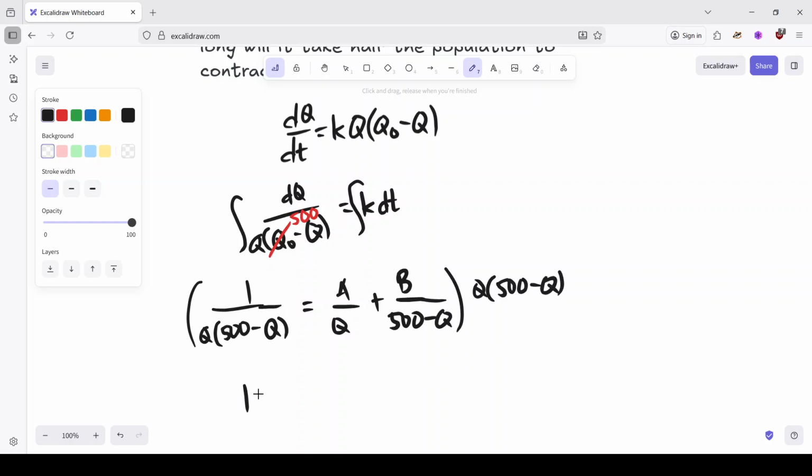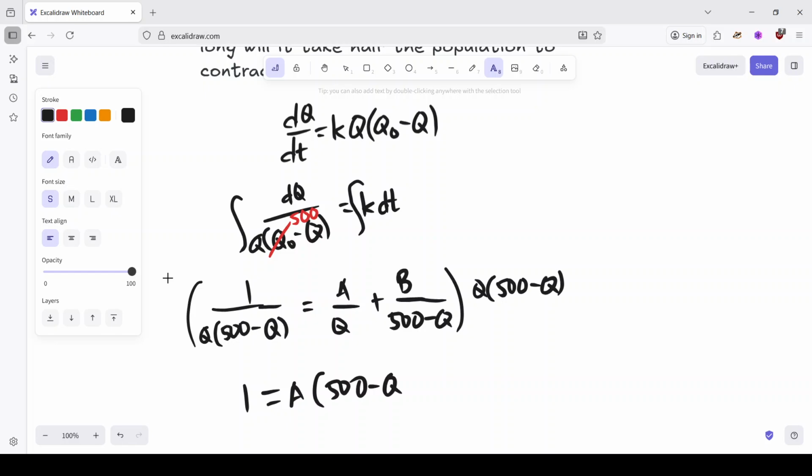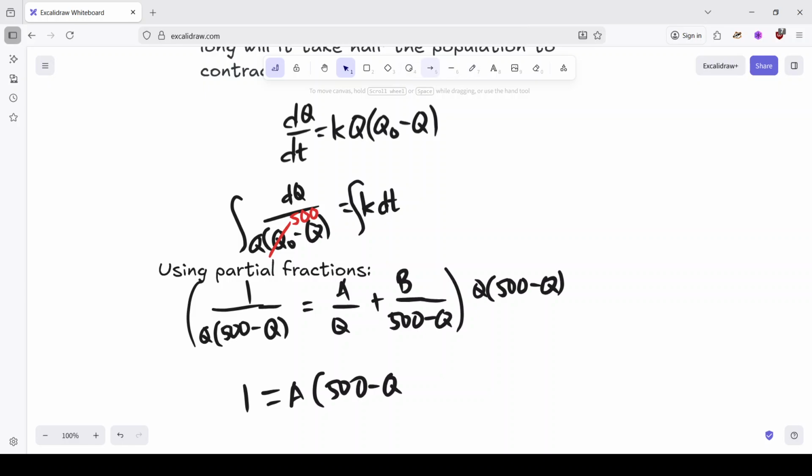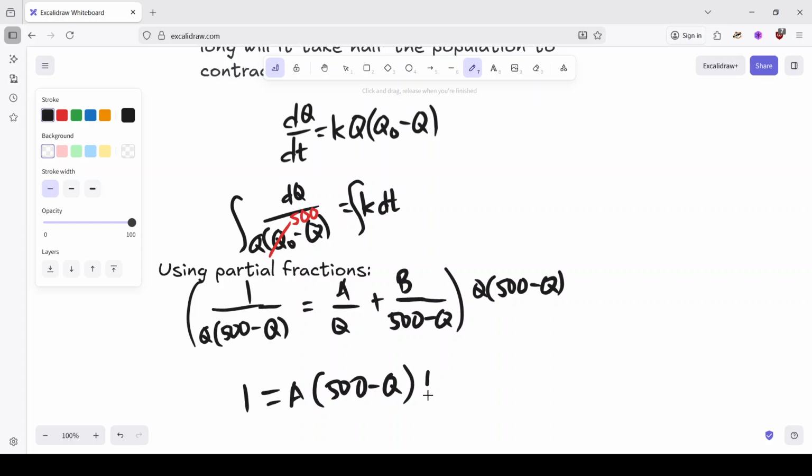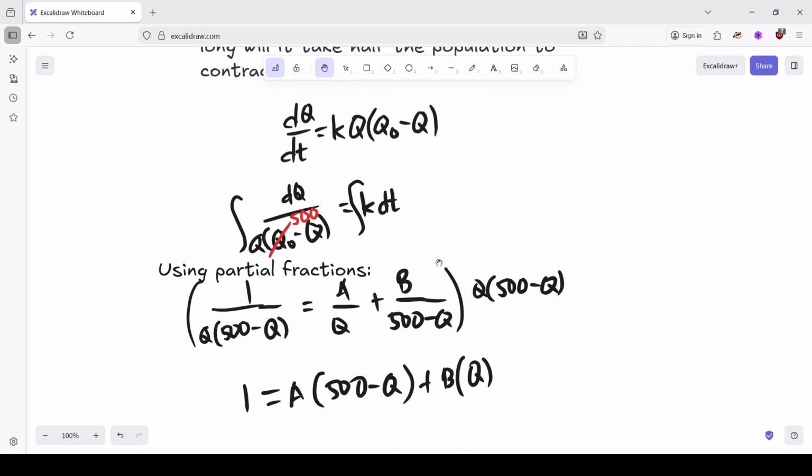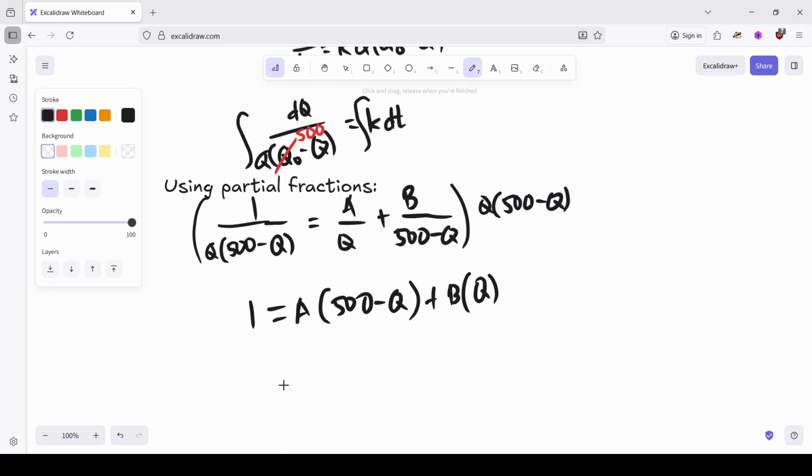So we will have 1 is equals to A times (500 minus Q) plus B times Q. Let's label this one partial fractions so we can see that partial fractions is what we are doing.